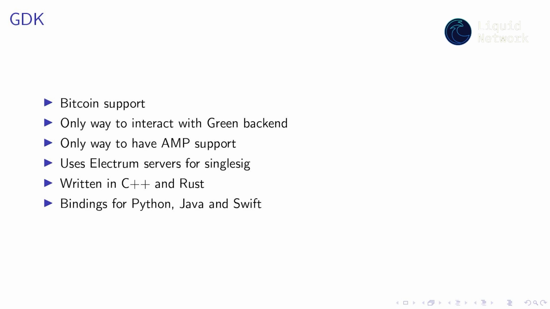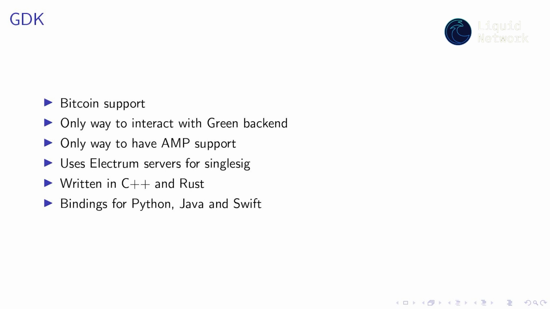It uses the Green backend for multisig, but for single sig wallets, it uses Electrum servers. The code base is written in C++ and Rust. It's based on libwally and other libraries, and it's quite hard to extend. The approach is very monolithic in a sense.